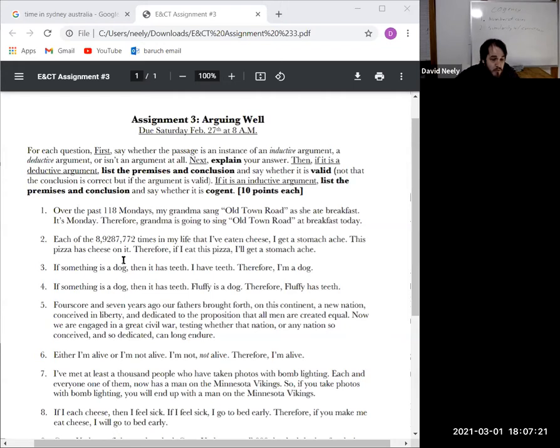Key point: some people said this was deductive because it's natural to think that if you've gotten sick 89 million times, you have a cheese addiction or cheese allergy or something to that effect. However, as this argument is laid out, it's still relying on past experience. You have to keep separate what is actually written as the argument and what you're tempted to conclude because of it.